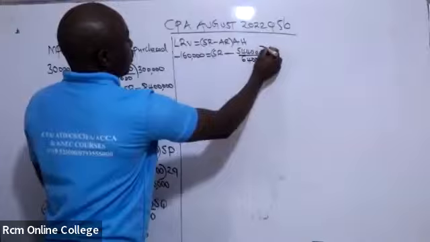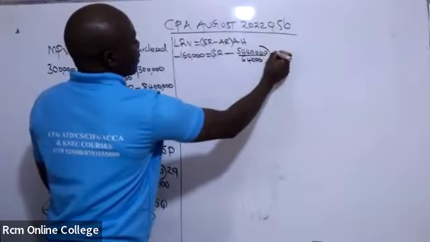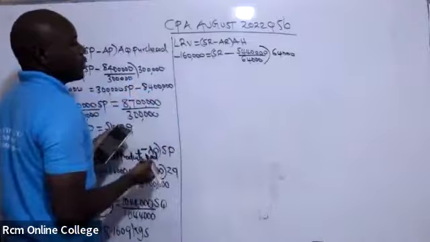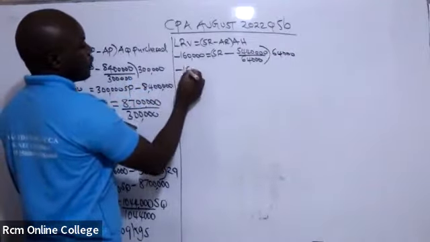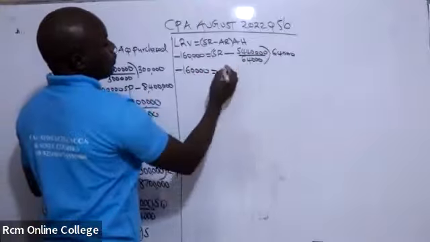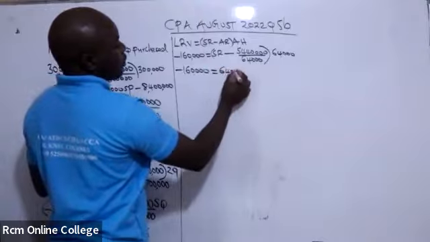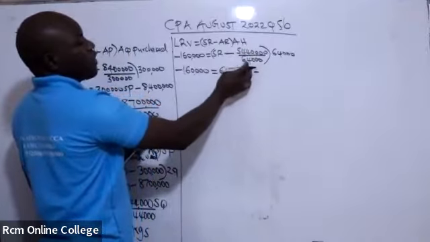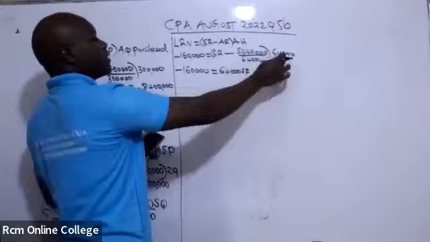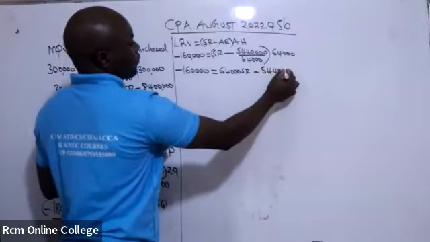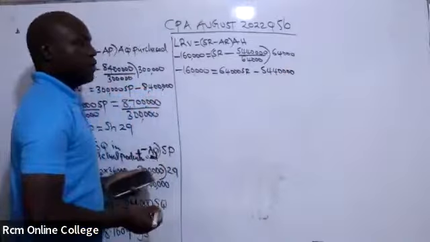So we multiply by actual hours, 64,000. Let's break the bracket. A negative of 160,000 is equal to 64,000 SR minus 5440 divided by 64,000 times the same 64,000, which gives us 5440.